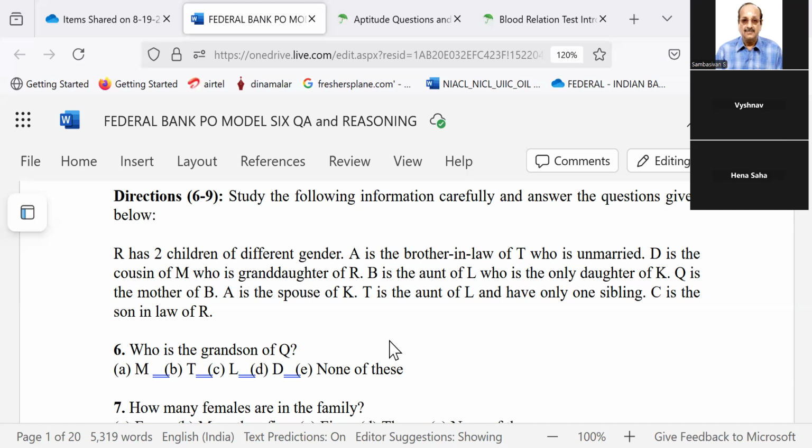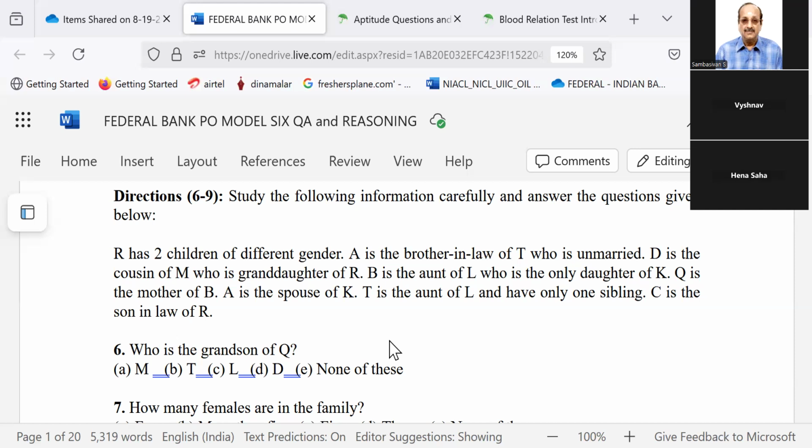Then A is the brother-in-law of T. D is the cousin of M, who is granddaughter of R. Yes.